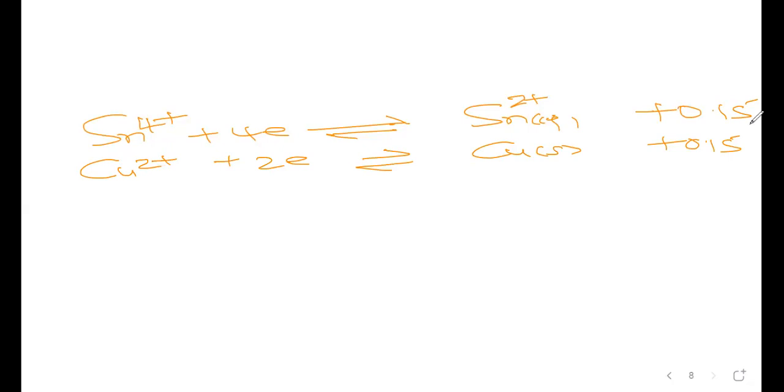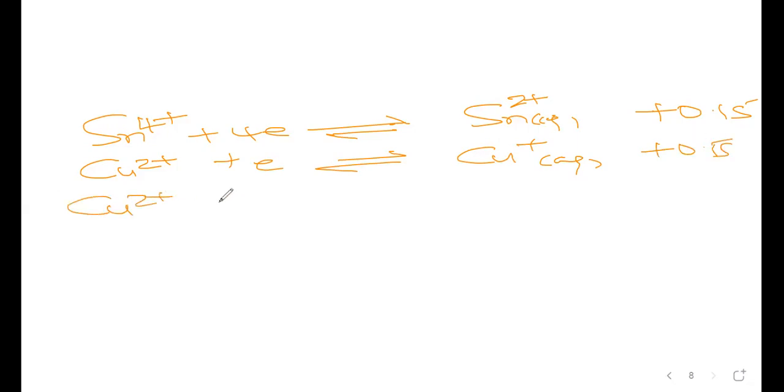Okay, no, this one should be copper 2 forming a copper 1 ion. This is positive 0.15. But we also have the copper 2 ion forming copper metal. That one is positive 0.34.